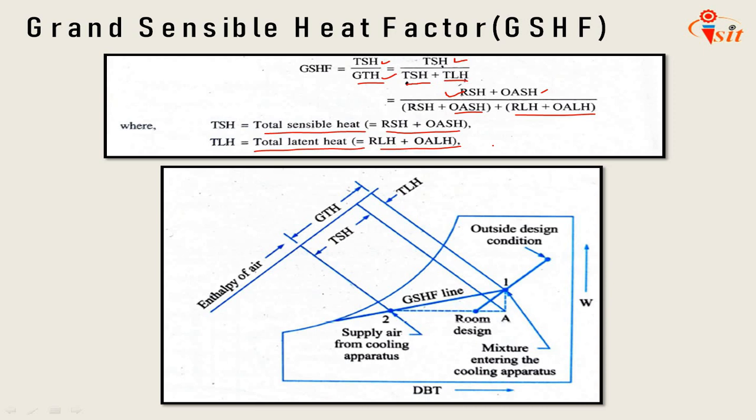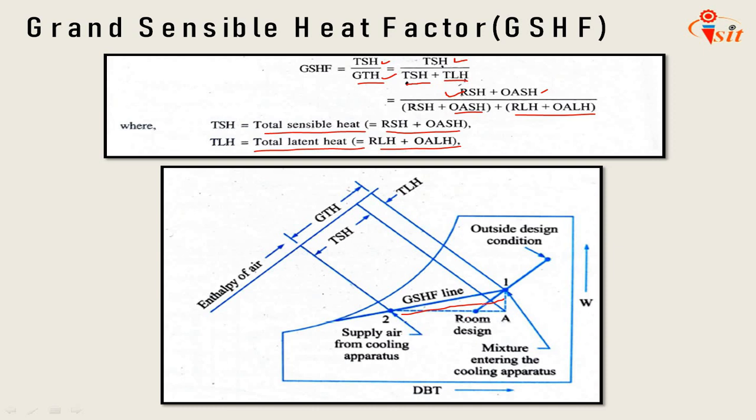Now, if the condition of the air entering the apparatus and the condition of the air leaving the apparatus are joined by the straight line 1 to 2, as shown here, this gives the GSHF line. Again I am repeating, if the condition of air entering the apparatus and the condition of air leaving the apparatus are joined, then it is known as the GSHF line.